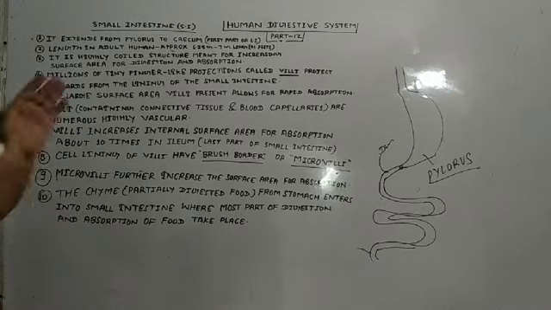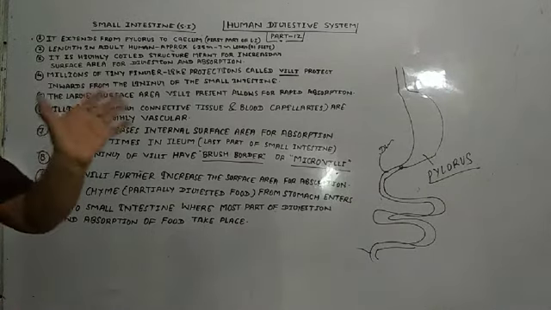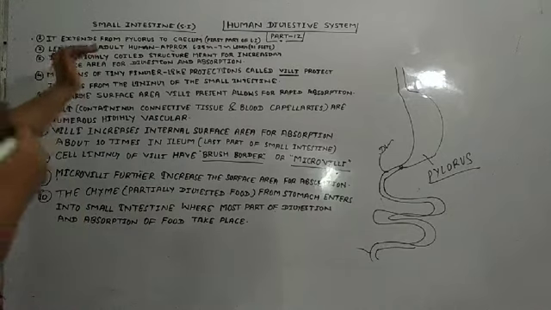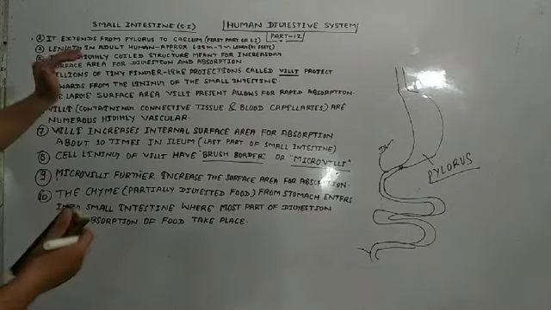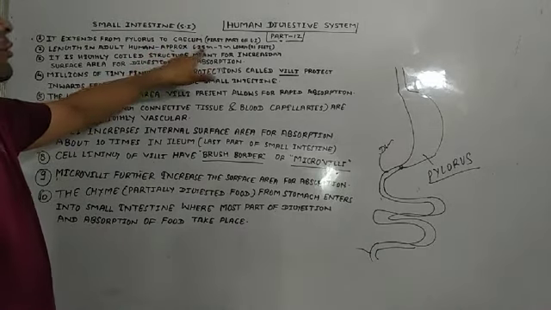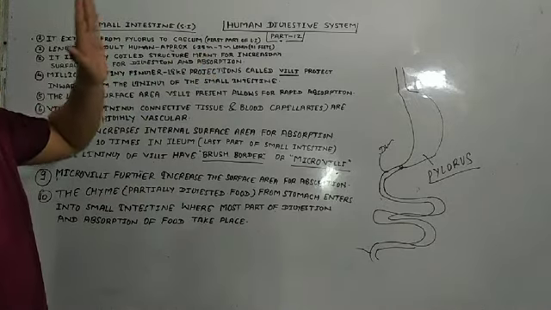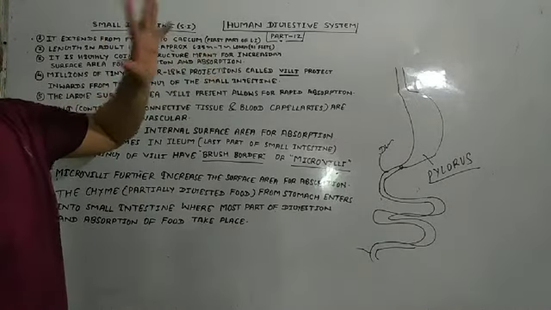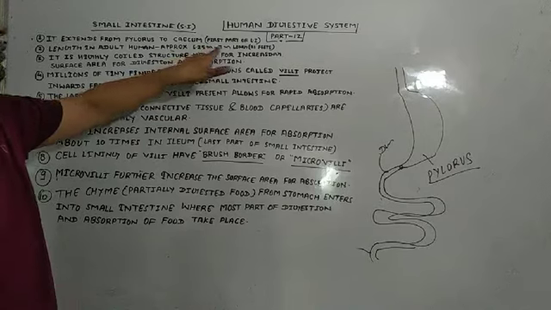Next, we will talk about the length of the small intestine. In a human adult, the approximate length of the small intestine may be 6.25 meter to 7 meter.